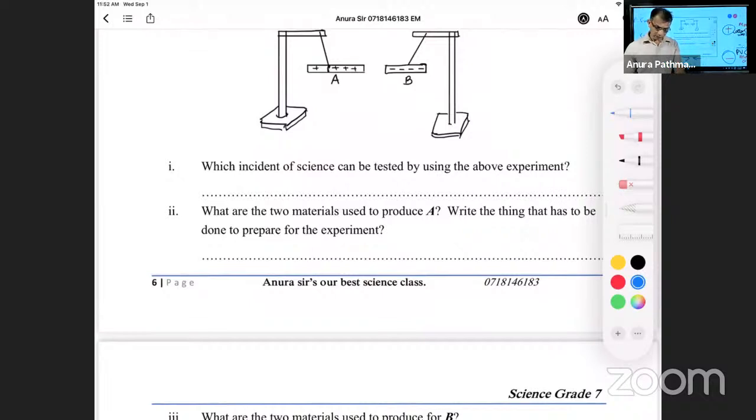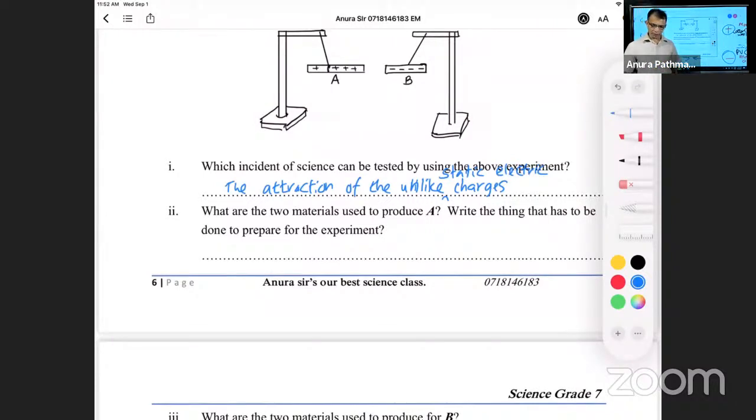Okay, which incident can be the attraction of the unlike static electric charges?